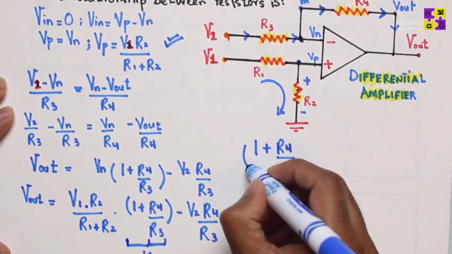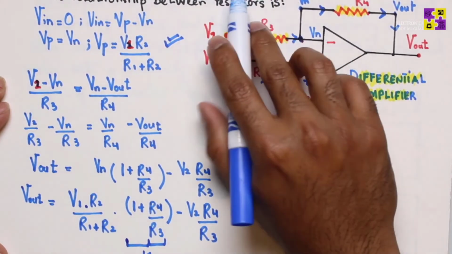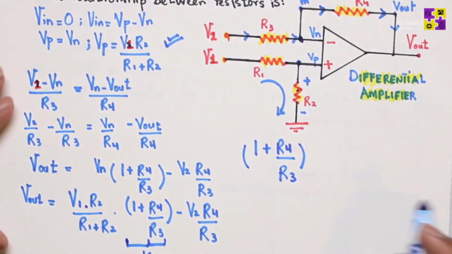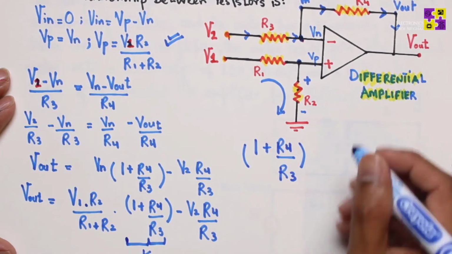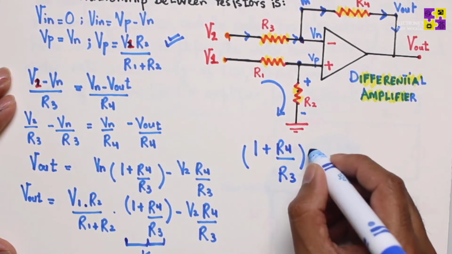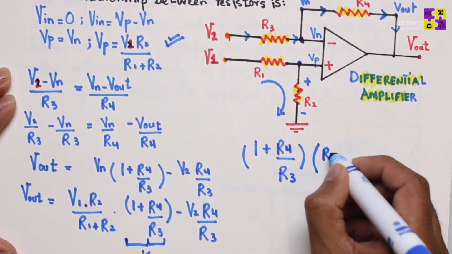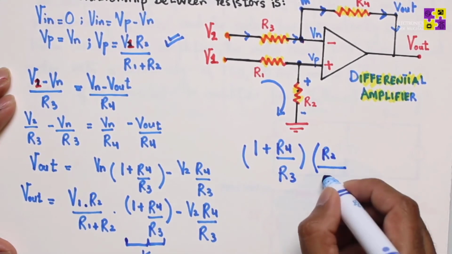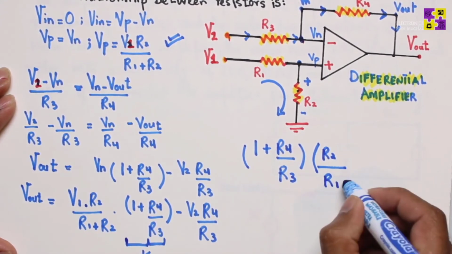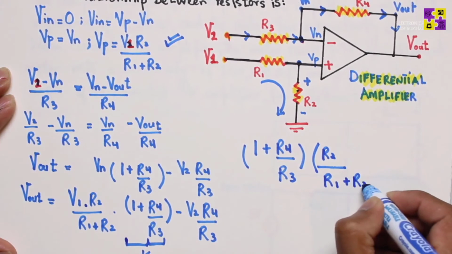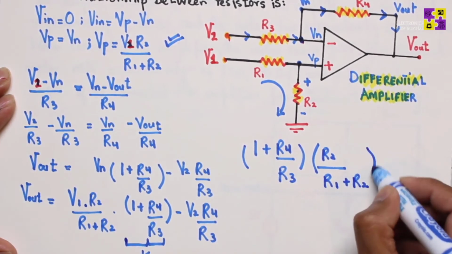The convention that I have with V1 and V2 would be R2 over R1 plus R2, correct?